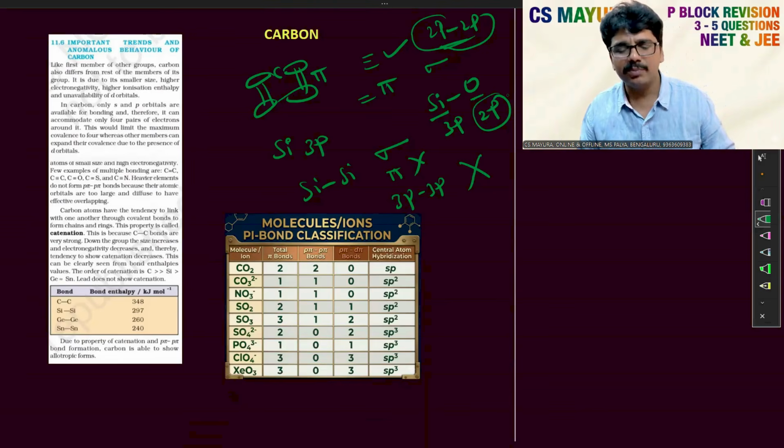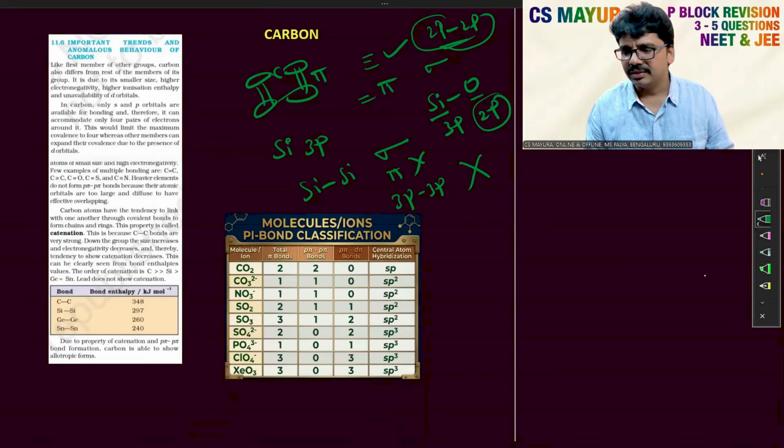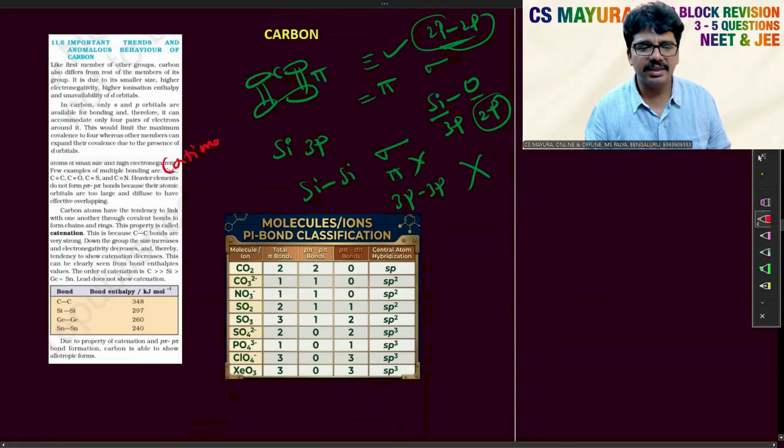Another important point is catenation. Catenation is the self-linkage of atoms to form very long chains. Carbon has the highest catenation property among all elements. This catenation property depends on single bond strength.